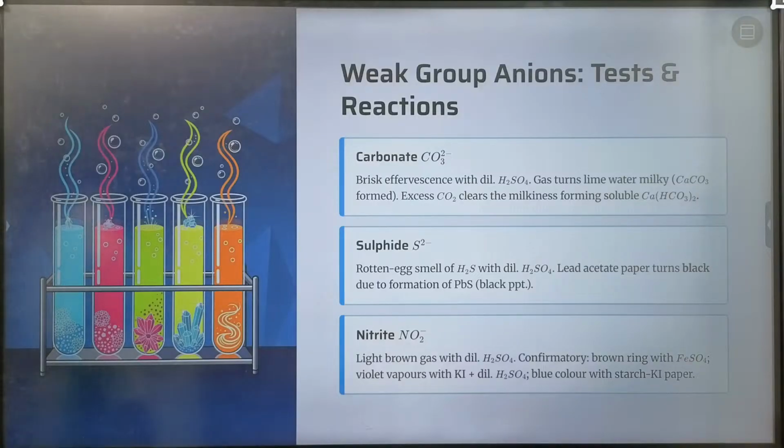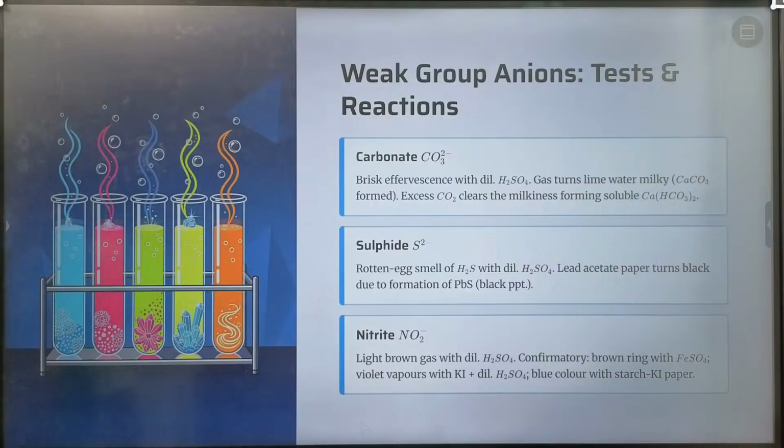And when you pass the gas into lime water, that is a confirmatory test we do simultaneously. Lime water is calcium hydroxide, Ca(OH)2. You will get a milky white precipitate, because calcium reacts with the carbonate which is evolving and forms calcium carbonate, and that calcium carbonate is the white precipitate.